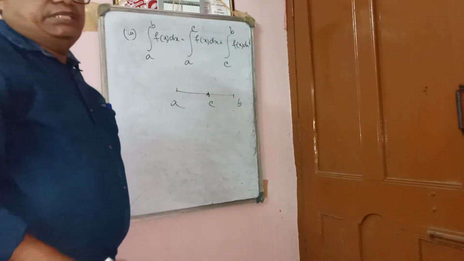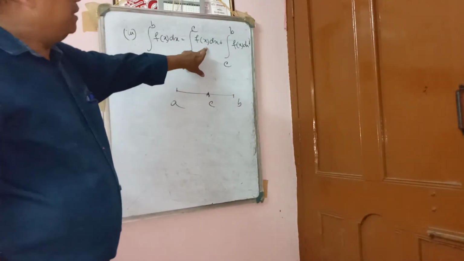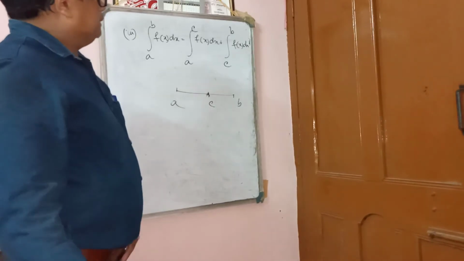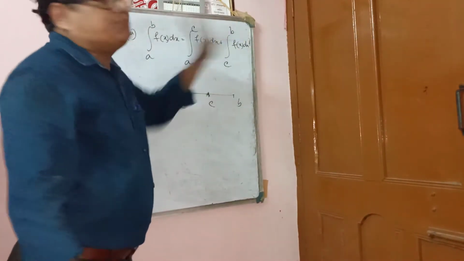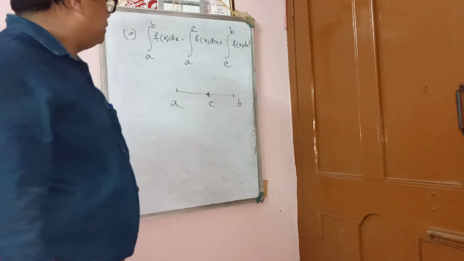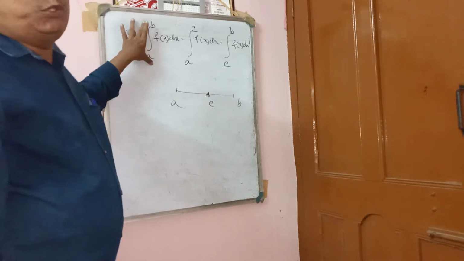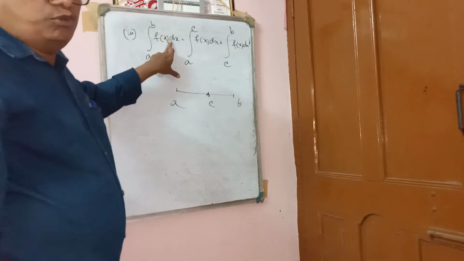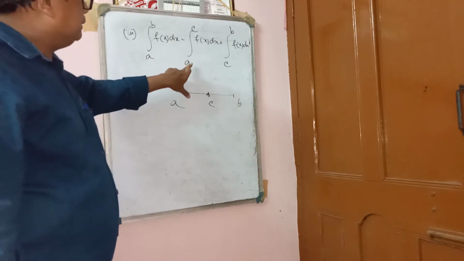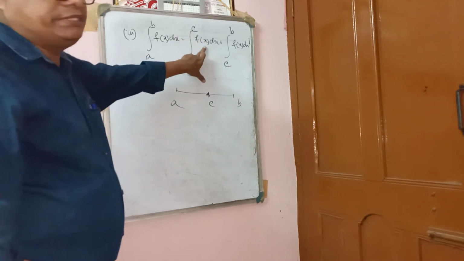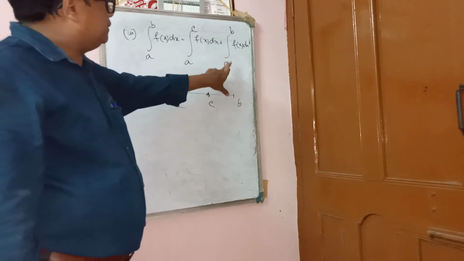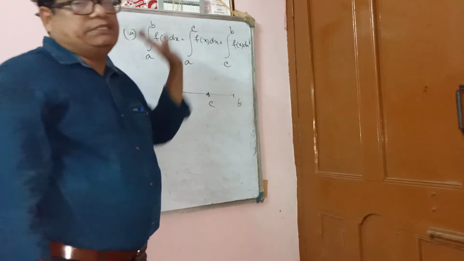So integration a to b f of x dx equals a to c f of x dx plus c to b f of x dx.